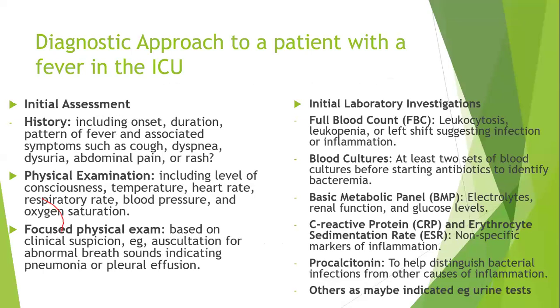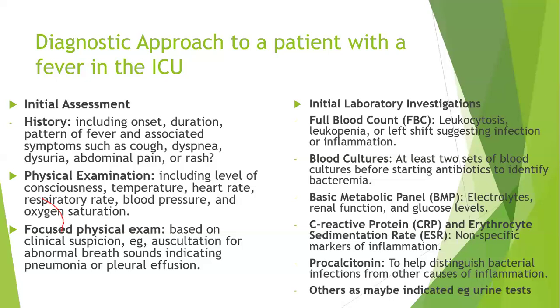You also want to find out associated symptoms. Maybe the patient has dyspnea, is now requiring a ventilator and the settings are high. You may want to look at the abdomen if there are some collections there. Physical examination will help you. You want to look at the level of consciousness, is it deeper than before?